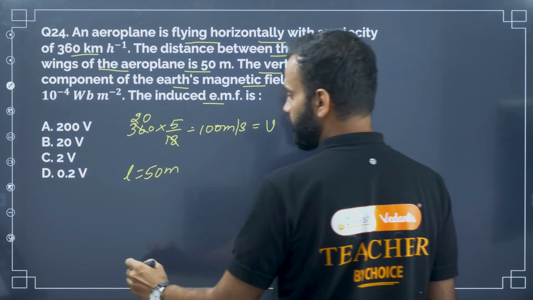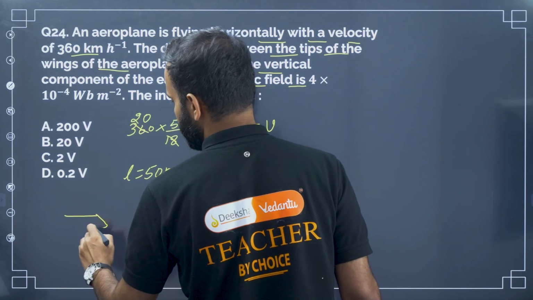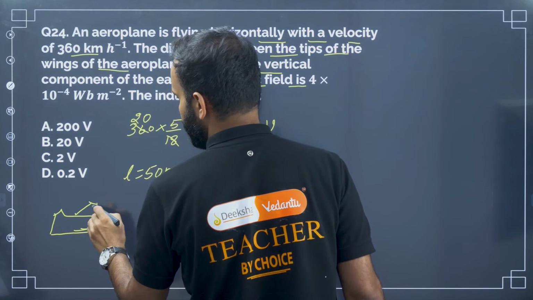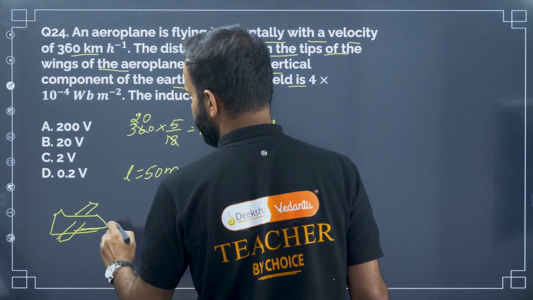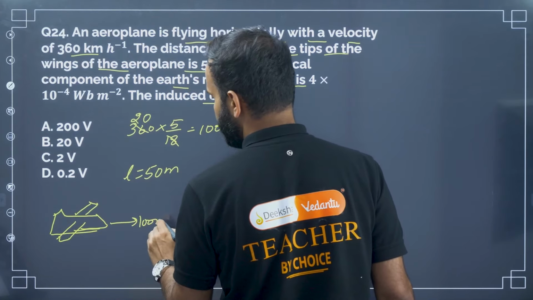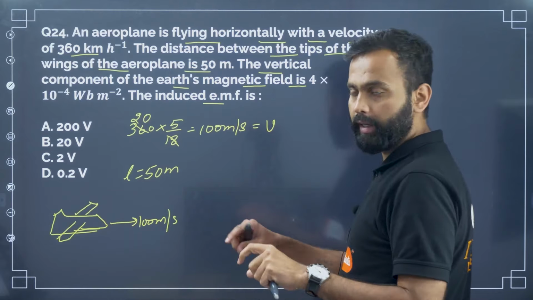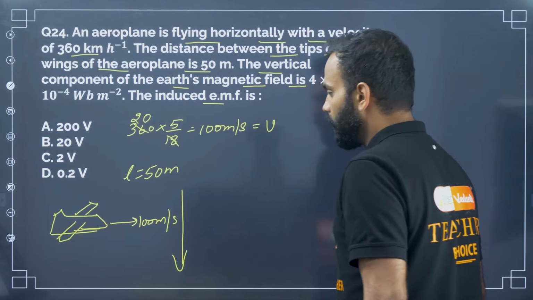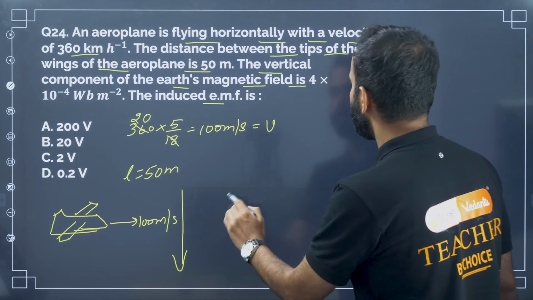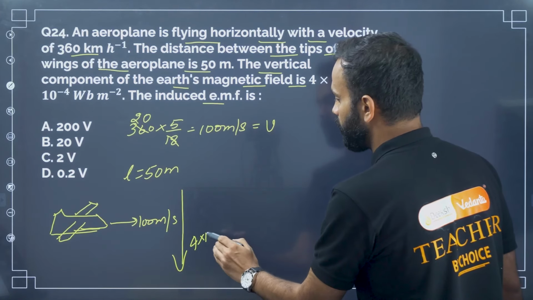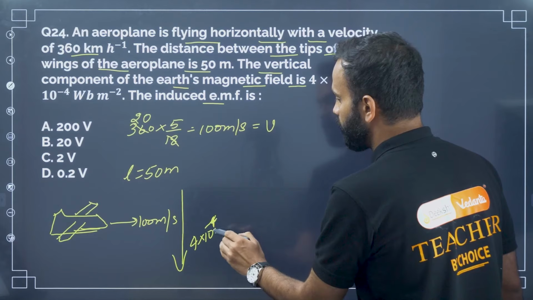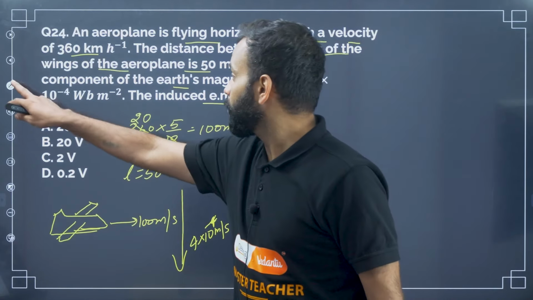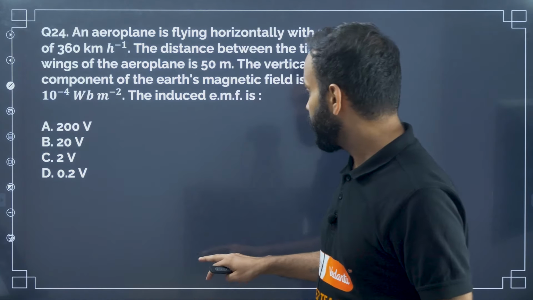This is the aeroplane, and these two are the wings. The wings are also moving with 100 meter per second. This is the direction of the vertical component of the Earth's magnetic field, 4 into 10 to the power minus 4 Weber per meter square.